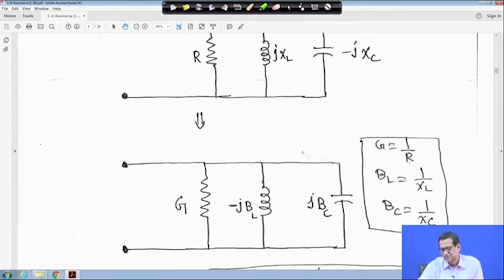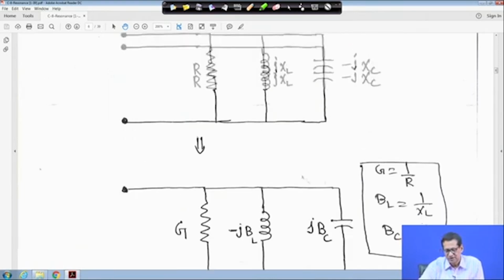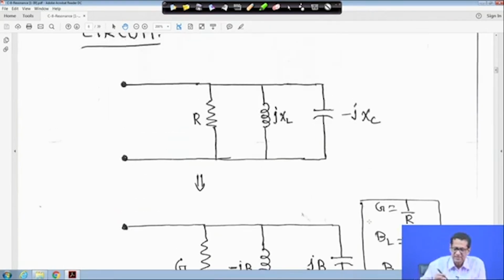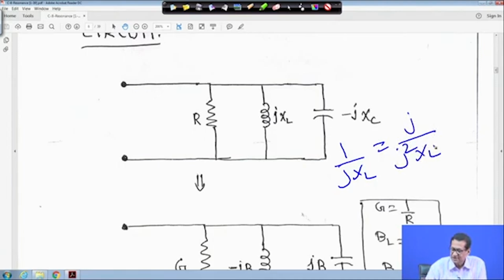Here G is equal to 1 upon R, BL is equal to 1 upon XL, and BC is equal to 1 upon XC. If you take the reciprocal, 1 upon jXL, and multiply numerator and denominator by j, you get j upon j square XL, and j square is minus 1, so that is minus j upon XL. We take BL equal to 1 upon XL, that is why it is minus jBL.